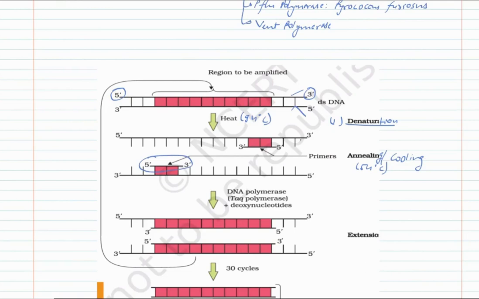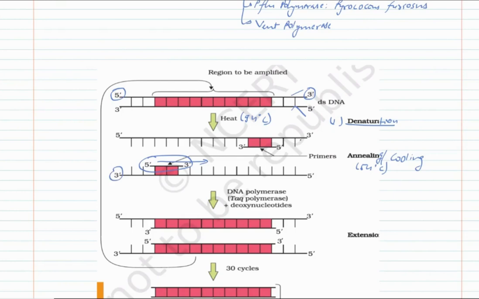Why is it attached at the 3 prime end? Because through your knowledge on molecular basis of inheritance, you will already be knowing that the polymerase only functions in the direction of 5 prime to 3 prime. So the polymerase that we will be using later on can only extend this primer in the direction 5 prime to 3 prime. So we will be attaching this primer at the 3 prime end. What is a primer?